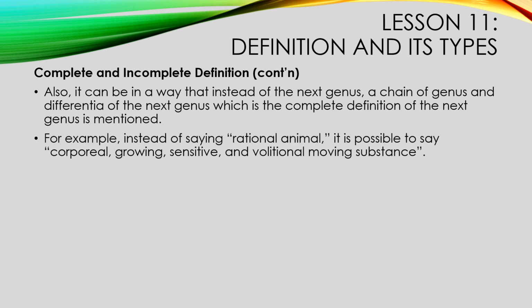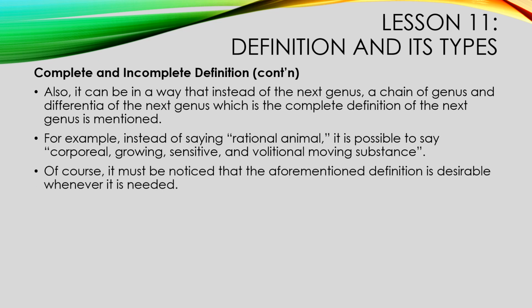For example, instead of saying rational animal, it is possible to say corporeal, growing, sensitive, and volitional moving substance. So when we see this definition, automatically it refers to none but human being. Of course, it must be noticed that the aforementioned definition is desirable whenever it is needed.